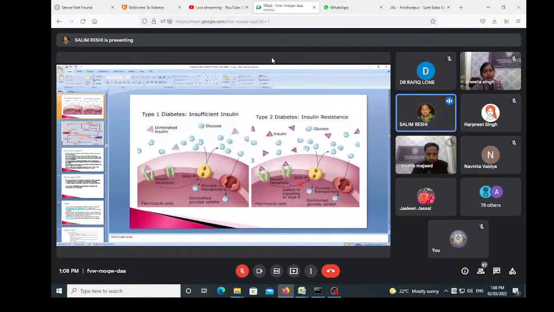Now look here. This shows type 1 diabetes, where there is insufficient insulin. That means the beta cells have been destroyed by the autoimmune system or antibodies, or due to virus infection or drugs. So these diminish insulin, and when insulin is diminished, the blood glucose increases.